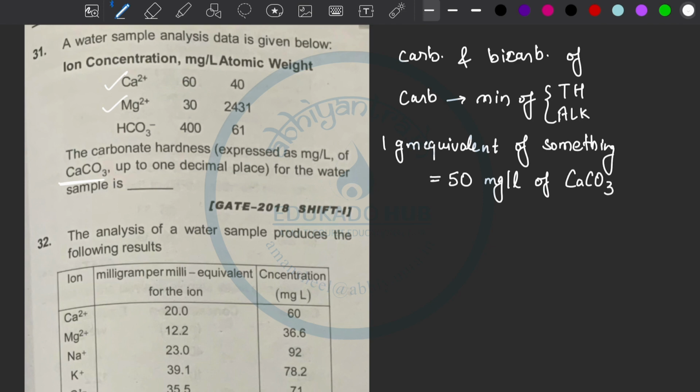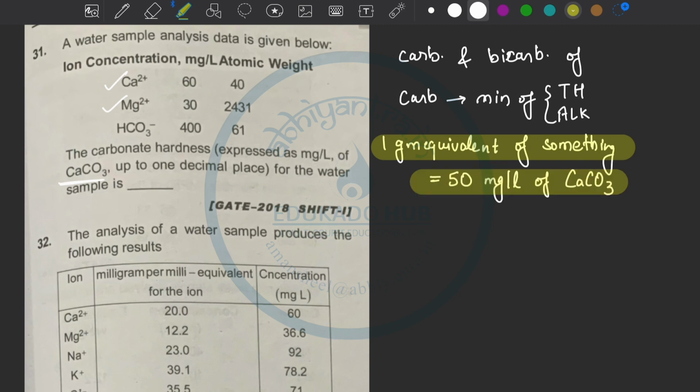This is the main thing that we should know, that 1 gram equivalent of anything is equal to 50 milligram of CaCO3. We can equate it to anything, but because CaCO3 has the atomic weight 100, it is easier to compare with CaCO3. That's why we use CaCO3.